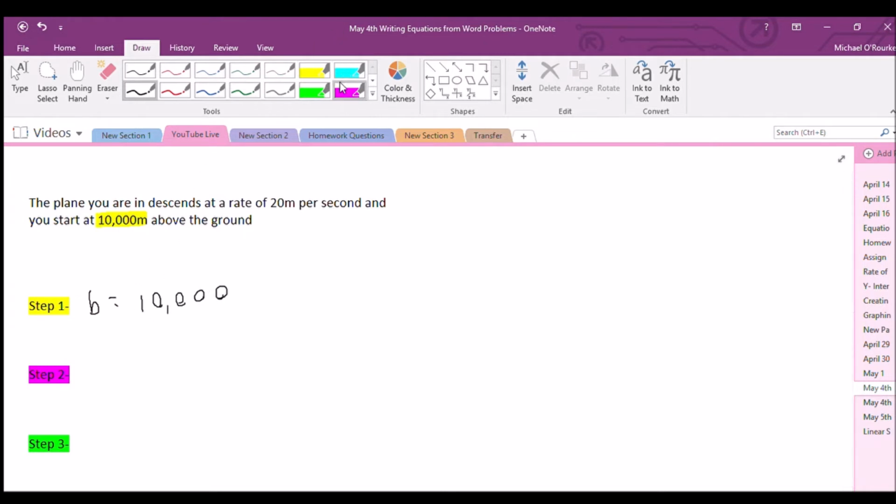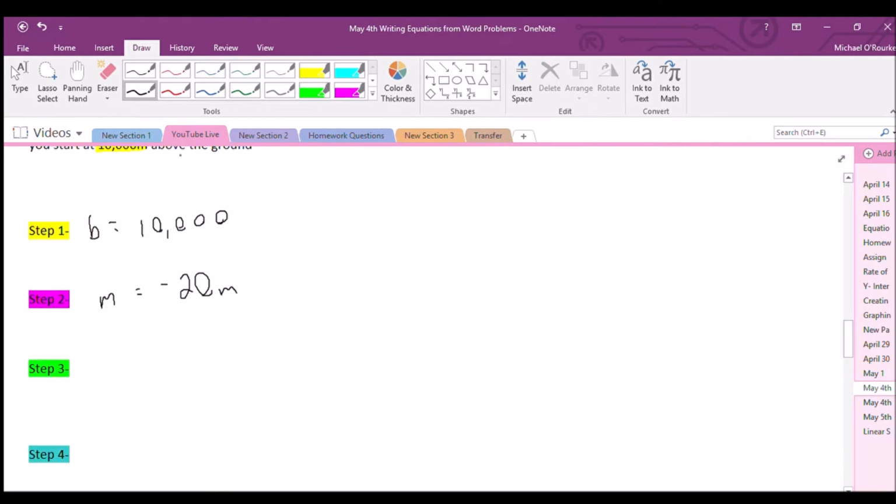Therefore our rate of change, it says it right here, the rate is 20 meters per second. Now, you have to remember this word descends. If it's descending, it's actually going to be a negative number. The rate of change is going to be negative 20 meters, or just negative 20 fits just fine.